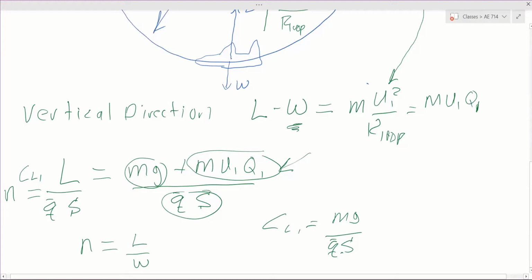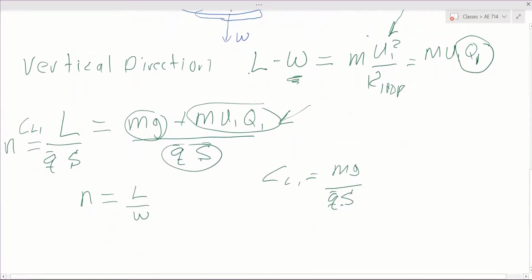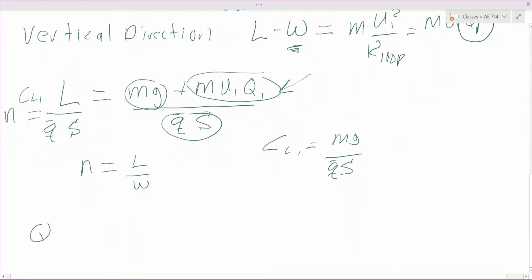Okay, the other thing we need to do is we want to solve this equation for Q1. So Q1 is going to be lift minus mg divided by m U1. And this is N mg by definition of load factor.